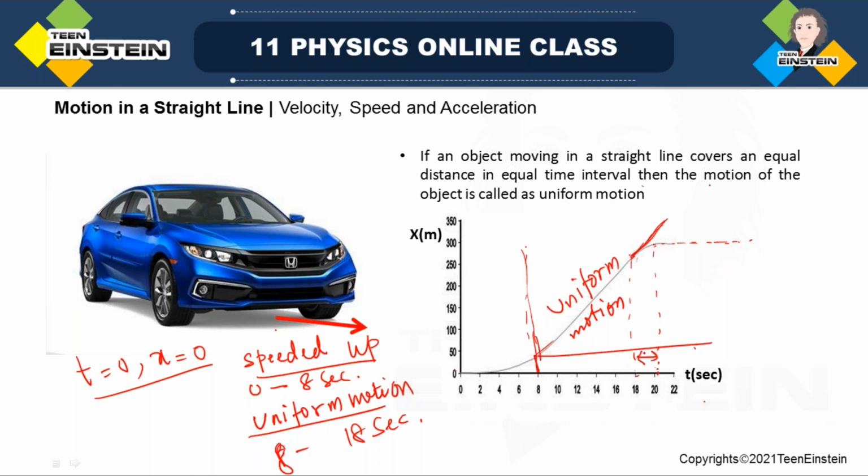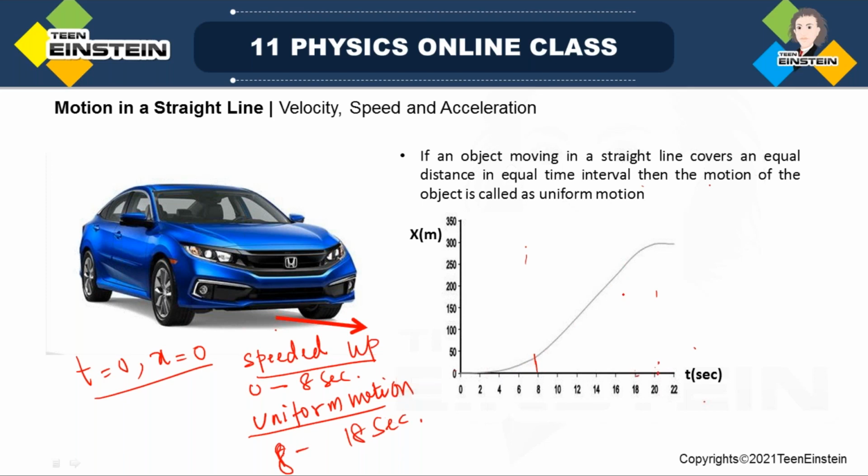So at exactly 20 seconds here, the car stops, and thereafter it doesn't move. It is at rest. I'll just remove this portion, then you can analyze by yourself. Maybe I'll repeat for your sake once again. Up to 8 seconds, the speed is increasing.